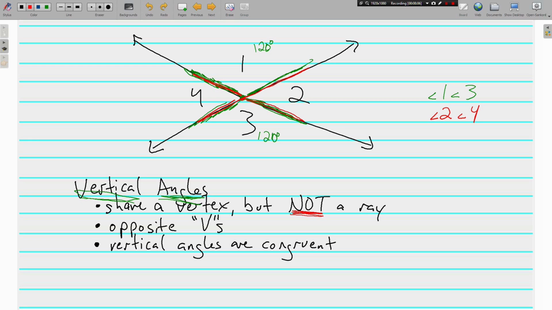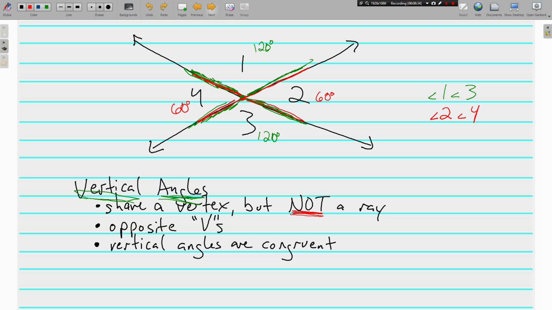They're directly across from each other, and they are congruent. If I told you angle 2 was 60 degrees, then you would know that angle 4 was also 60 degrees. Adjacent angles, vertical angles.